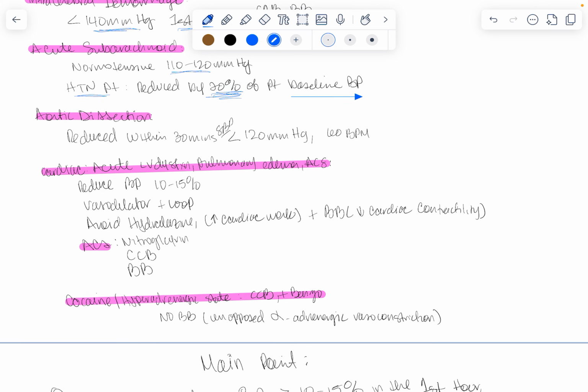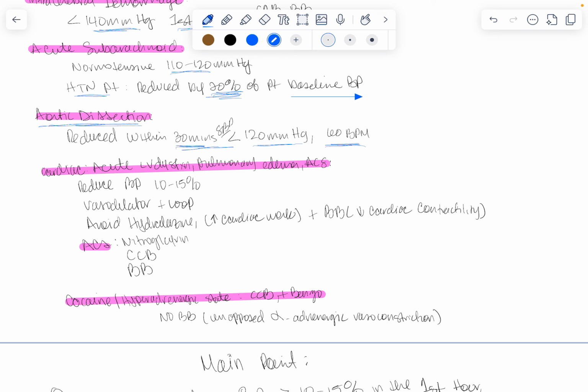All right. Aortic dissection. This is what I'm talking about with the uneven blood pressure on both arms and back pain. For someone who has hypertensive emergency with aortic dissection, you want to reduce the systolic blood pressure to less than 120 millimeters of mercury and a heart rate of 60 beats per minute within 30 minutes.